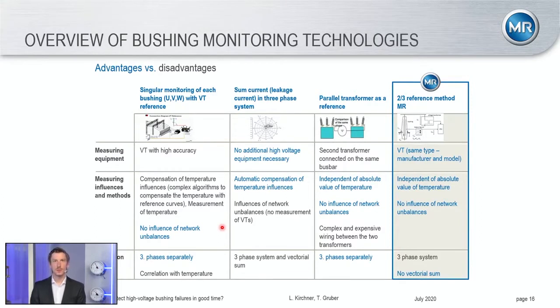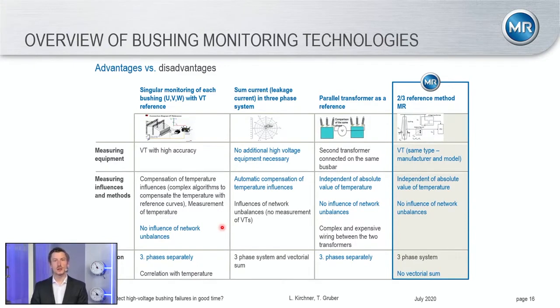And if you compare this method to other methods that you can see in the field, you will see that there are advantages and disadvantages of the different approaches to bushing monitoring. So our major disadvantage is that we can only apply bushing monitoring on a three-phase system.